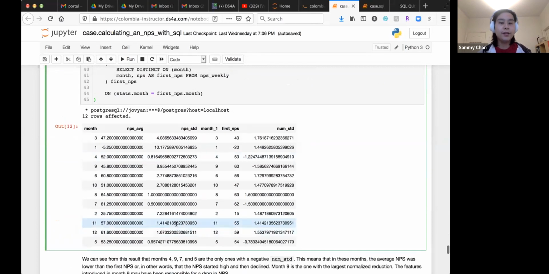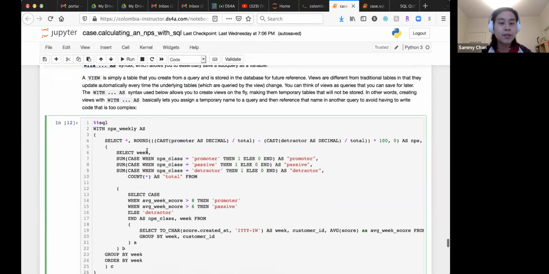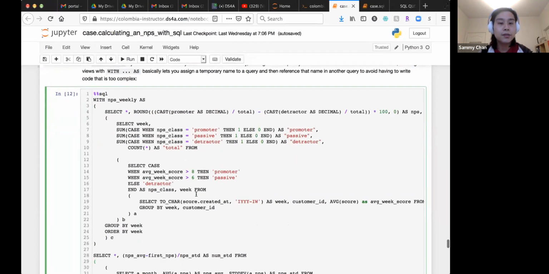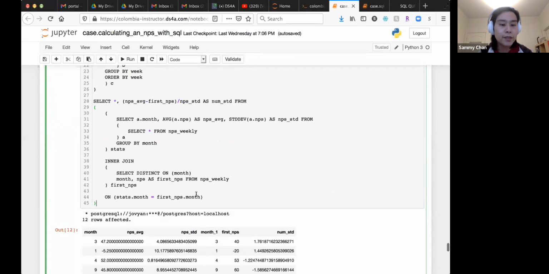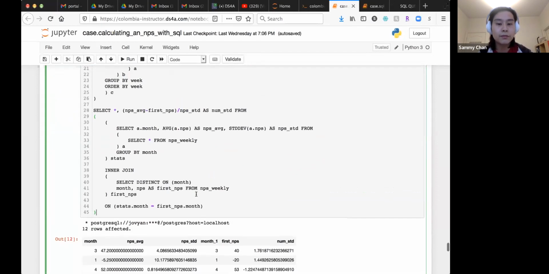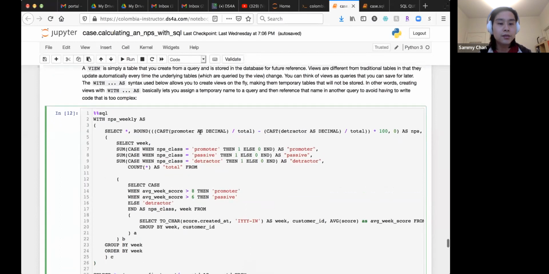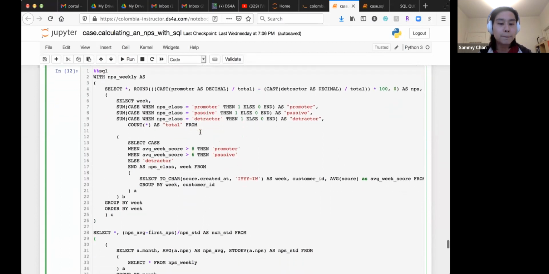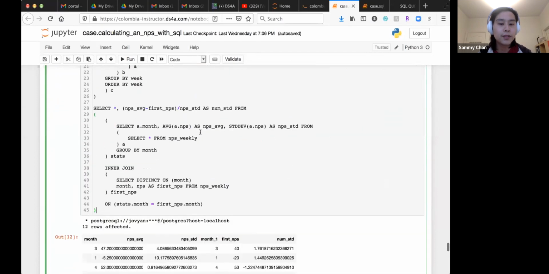So what we see here, of course, why the NPS average, STD were all not rounded? Well, let's see. Select.